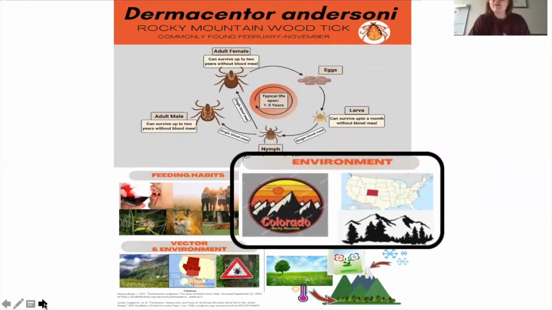All right, so for environment, Jordan said on the previous slide that this tick is most commonly found in Colorado. It is also found in other Rocky Mountain states, which are going to follow diagonally from the red state right there, which is Colorado.